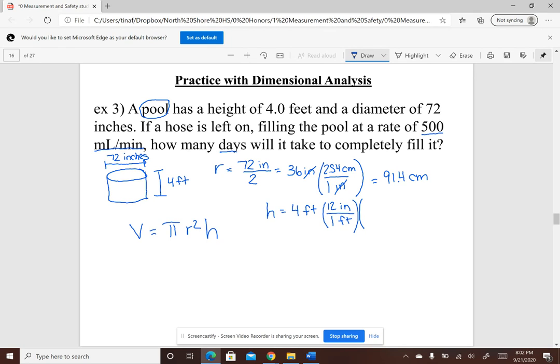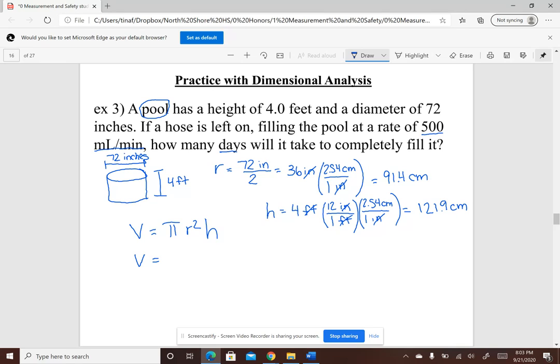And then I want to get rid of inches and change that to centimeters. Feet cancel out, inches cancel out. If I multiply across, I get a height of 121.9 centimeters.